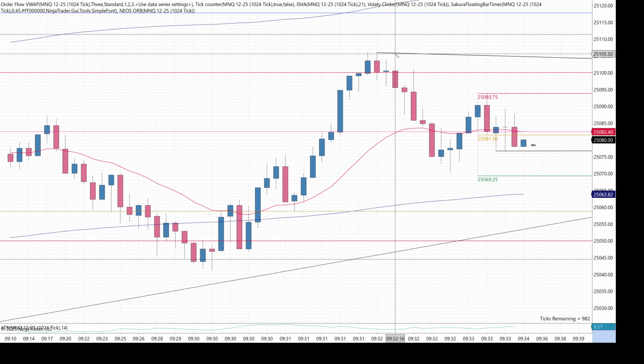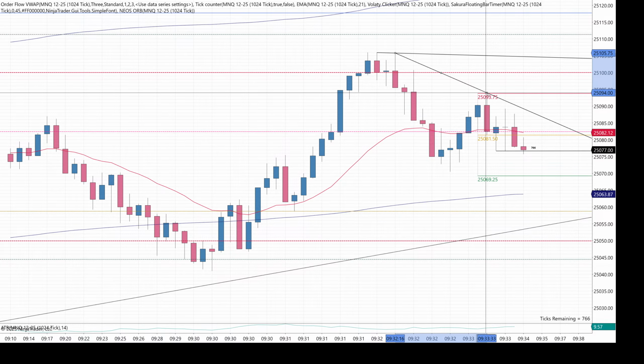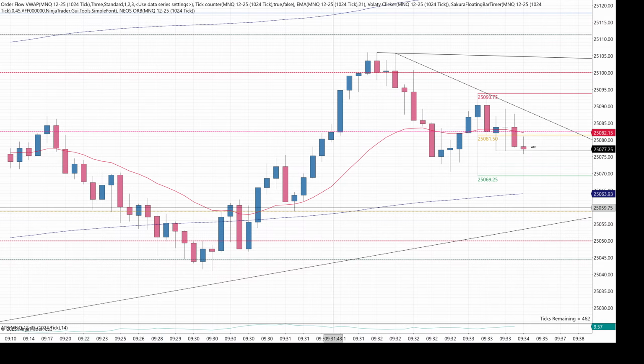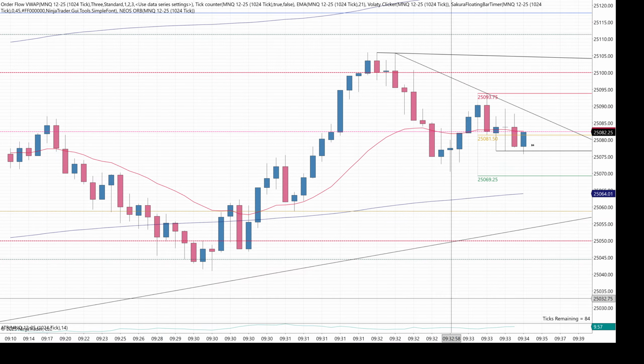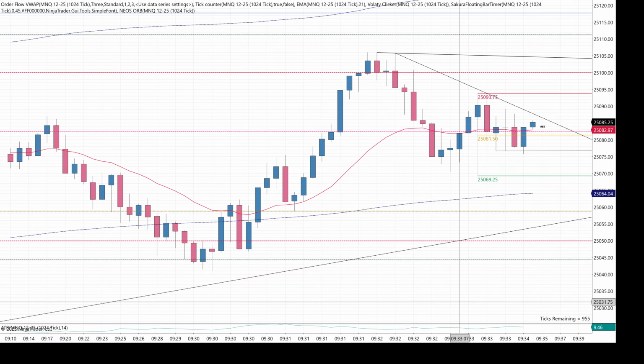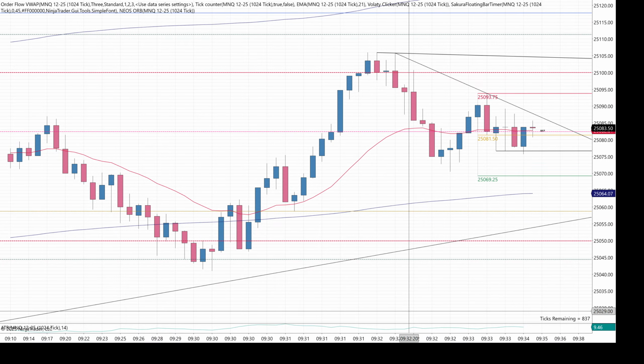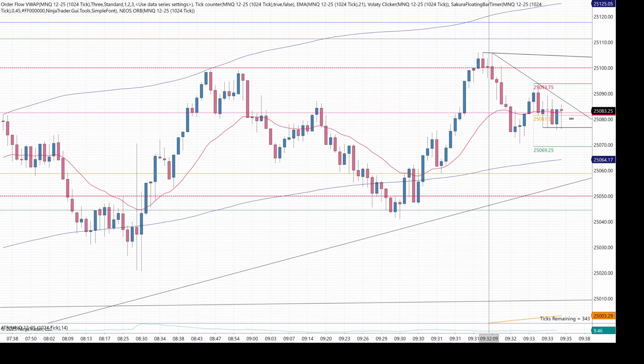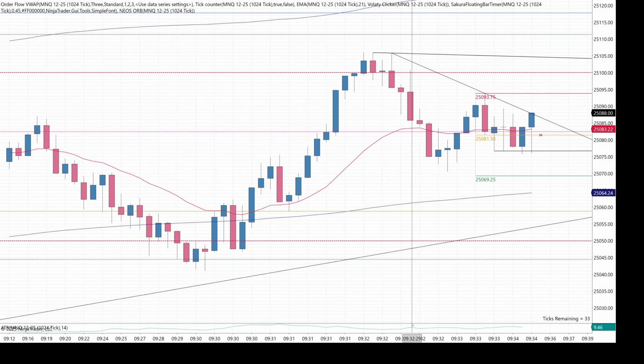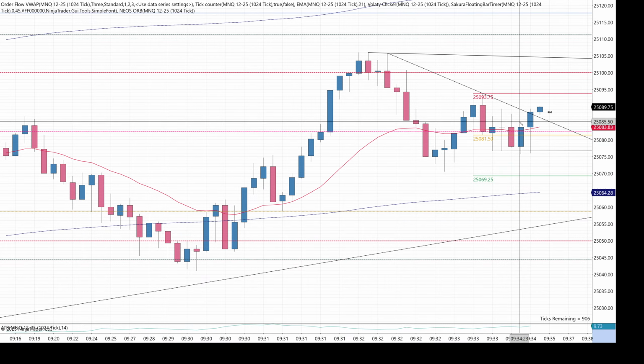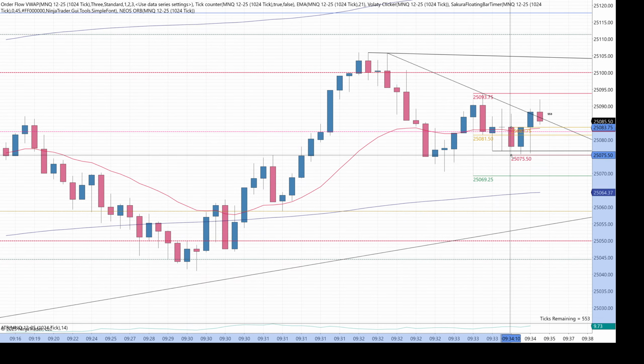We do have this trend line as well. So this was a false positive bullish signal here.